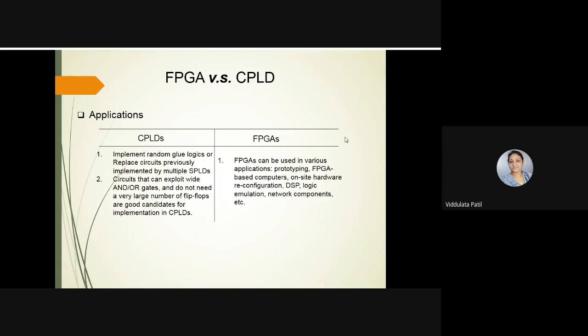So as the complexity increases, we can move towards the further improved technology, and that is why we can go for FPGAs. So that is about this overall sixth unit, that is, the architecture of the commercial devices. Okay, now remember we have seen the Altera Max 7000 series and the Xilinx XC9500.